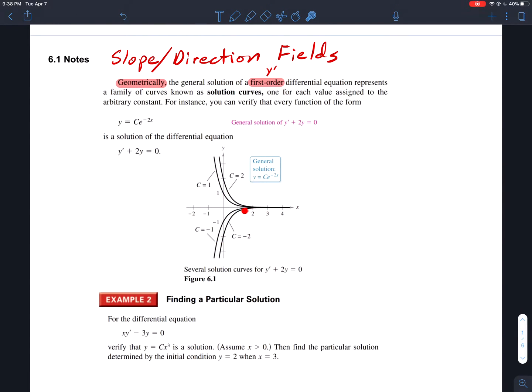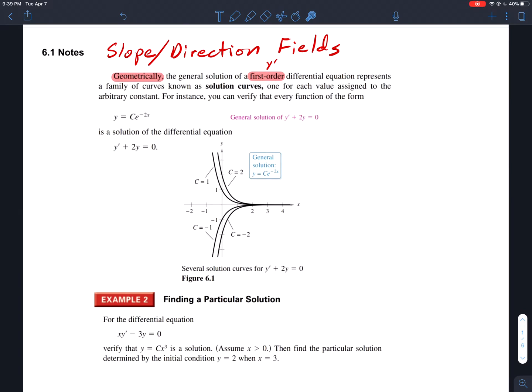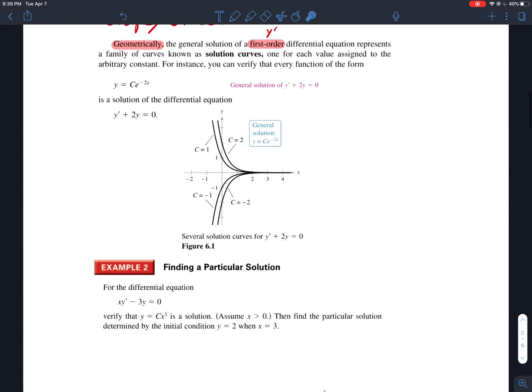So we're looking for graphs, or we're looking for the actual function y equals f of x. And we have to calculate that function somehow when only given the initial differential equation. Again, calculating the function f of x is something we're going to do in section 6.3.